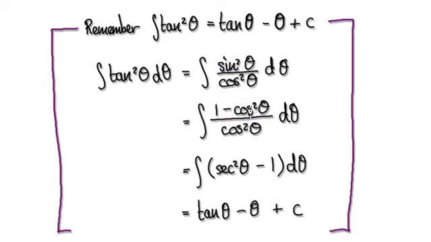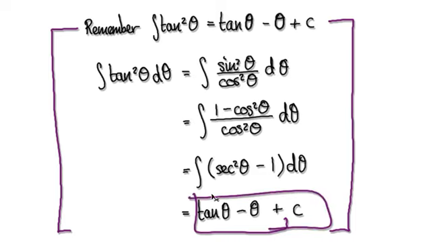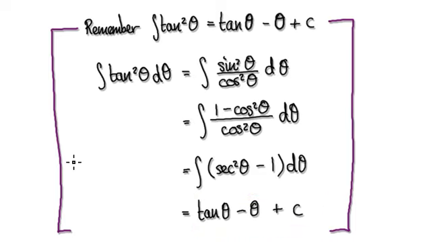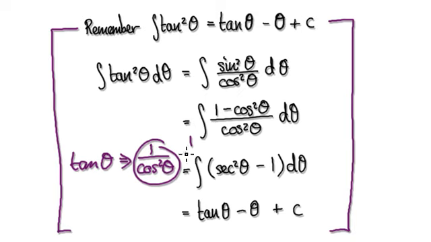We've done this before. And then this will become this. Integrate this, and it will give you this. Because if you differentiate tan of theta, it will give you 1 over cos squared of theta, which is really secant squared of theta.